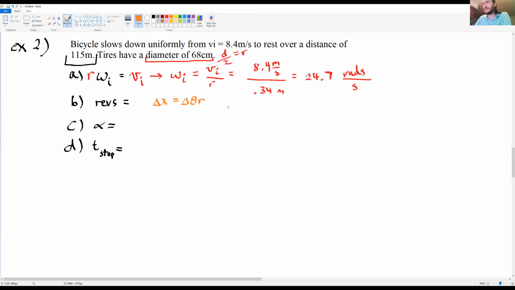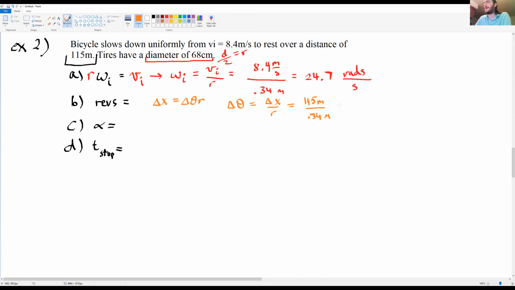Once we solve this equation for delta theta, we're going to have an answer in radians, not revolutions. So delta x divided by r here is 115 meters divided by the radius, 0.34 meters.